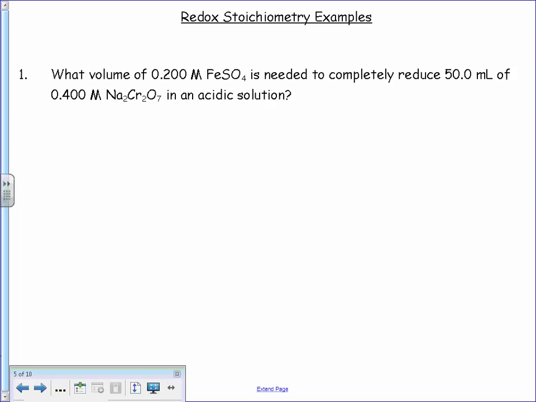I just want to quickly talk about some of the common mistakes on this because it was kind of interesting. I think everybody has everything back now. I have an extra multiple choice. Did everybody get the multiple choice back?